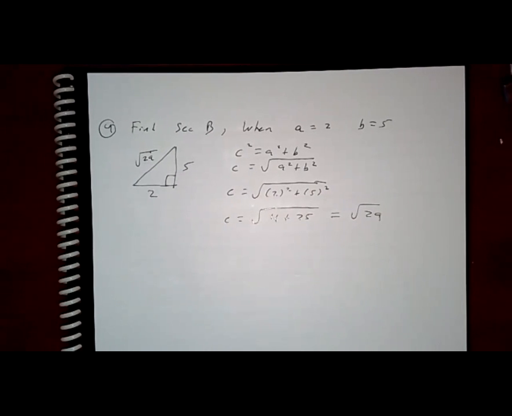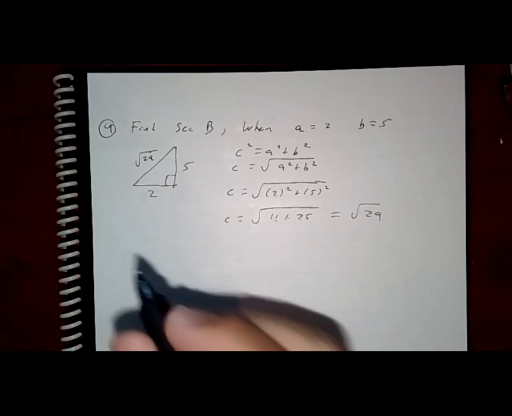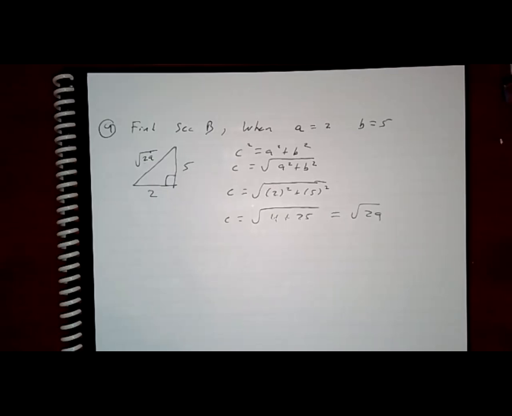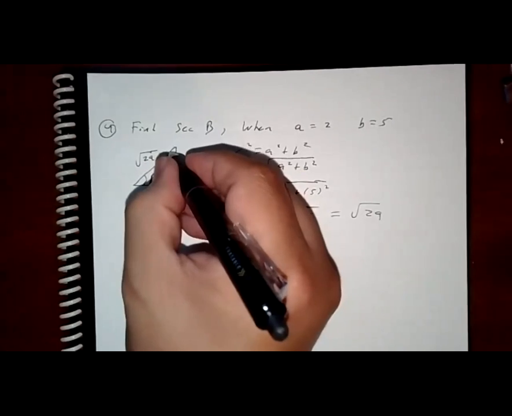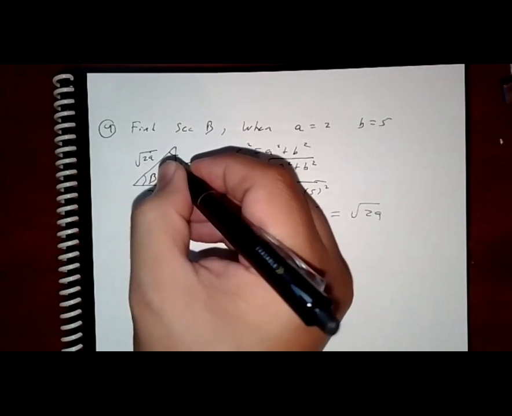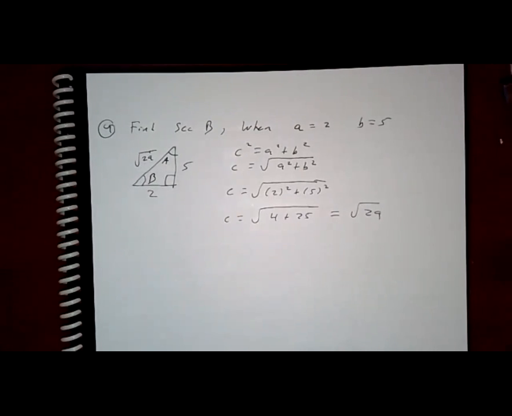It only said find secant. So what is the definition of secant? Let's say here is B, and here is A. Sine is opposite over hypotenuse.